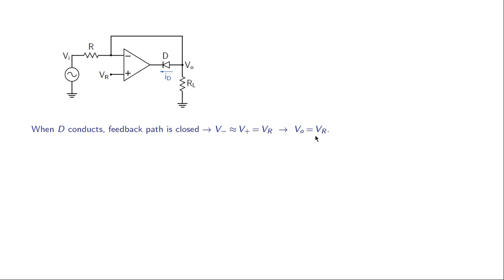Let us now look at the diode current, and in particular let us write the KCL equation at this node. Here we have three currents, ID, this current and this current, which is the same as the current through R. That means ID plus VR by RL, that is this current, since VO is equal to VR, plus this current, which is equal to VR minus Vi divided by R. That should be equal to 0.